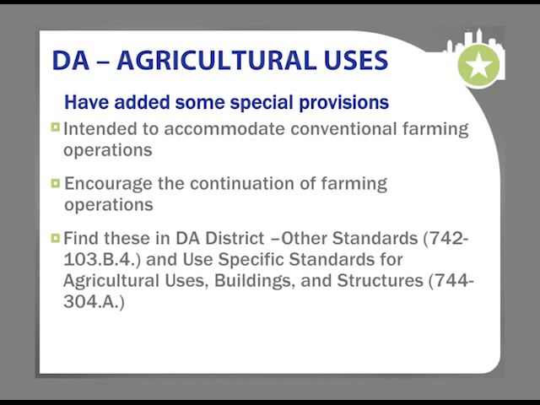So look in Chapter 742, Article 103, for these particular standards that are unique to the agricultural uses. And we have some use-specific standards for agriculture, and you'll find those in Chapter 744, 304A. Want to make sure we're aware of those.